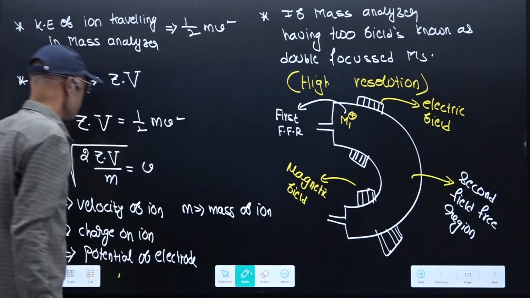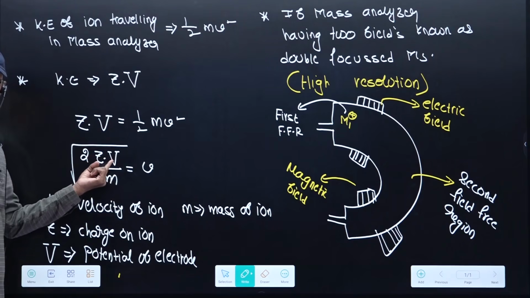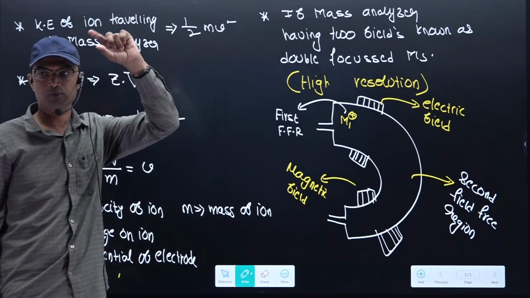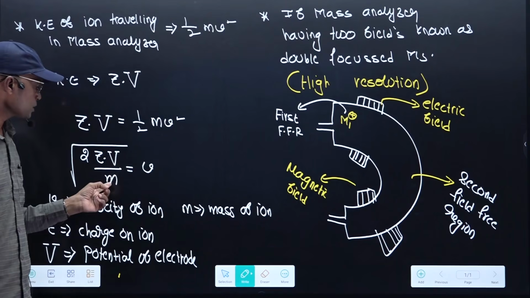So if you know this, we can calculate velocity. Speed we can calculate if you know all this. Okay, so what does Z indicate? Charge present on that ion. It may be unipositive, dipositive, tripositive, etc. And what is this? Potential of electrode. It means there I use 1 to 10 kilovolts of high potential electrodes, right? That will be given here. Then this is mass of ion.